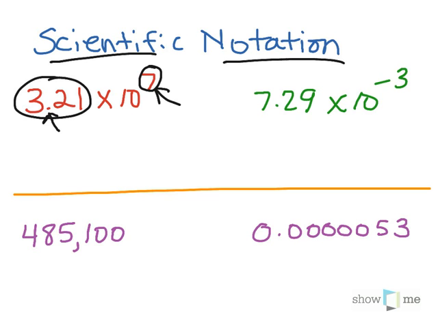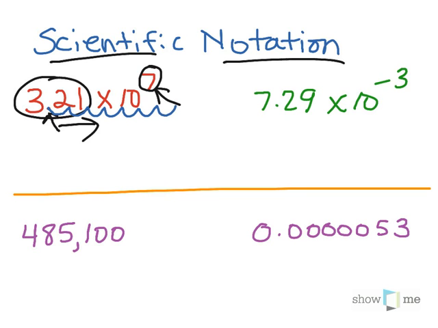So how can I make 3.21 a bigger number? Well, I can move the decimal point to the right. Every time I move to the right, it gets bigger by 10 times the amount. So I'm going to take the decimal point and move it 1, 2, 3, 4, 5, 6, 7.